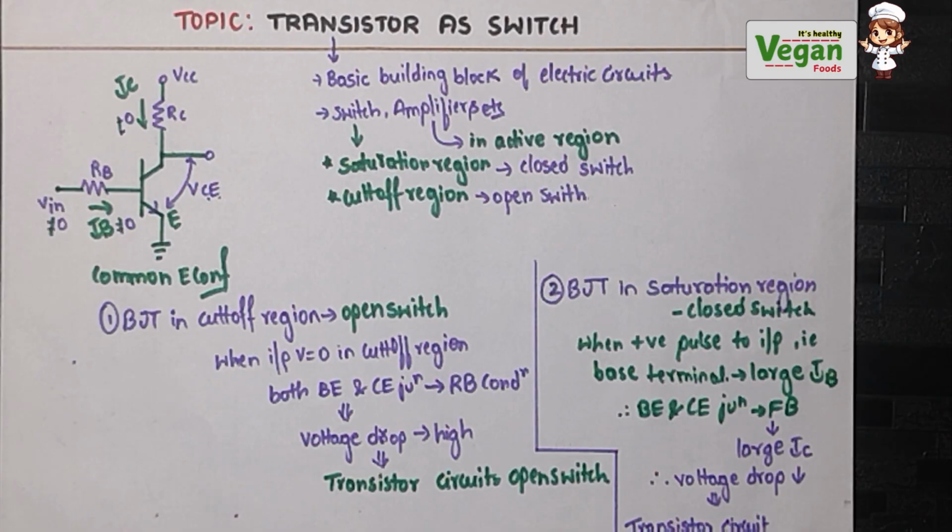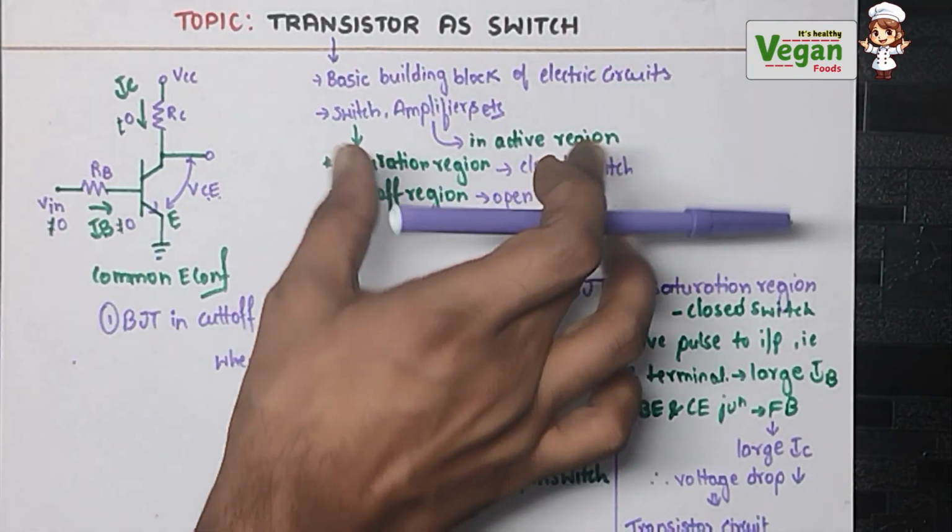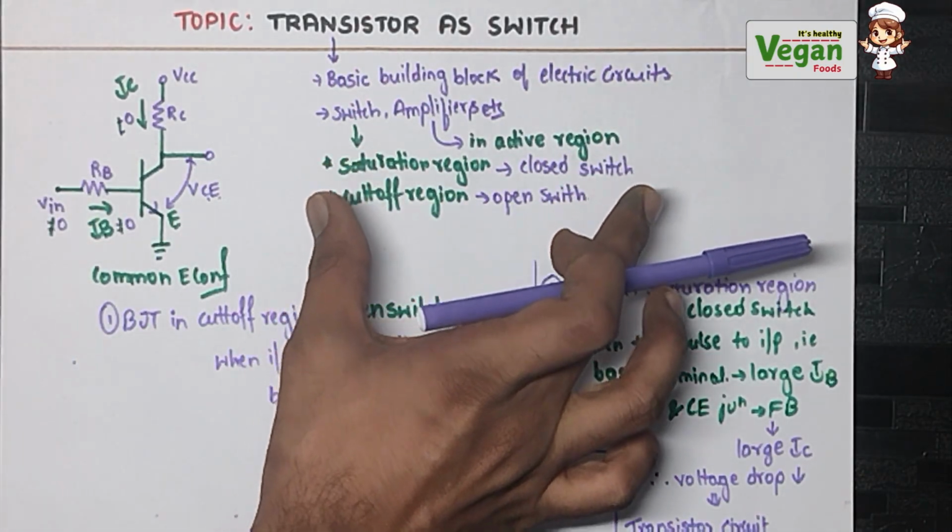Hope you understood the concept of the transistor as a switch. If this is asked in the exam, draw this circuit and write the theory part that I wrote here.